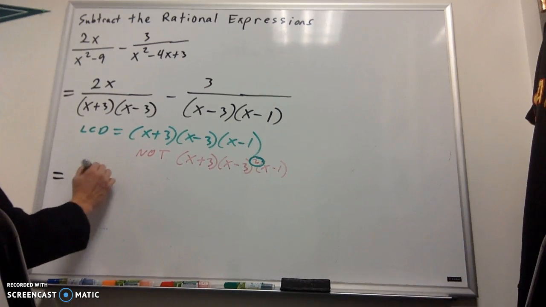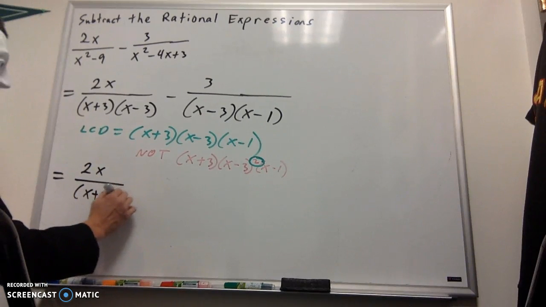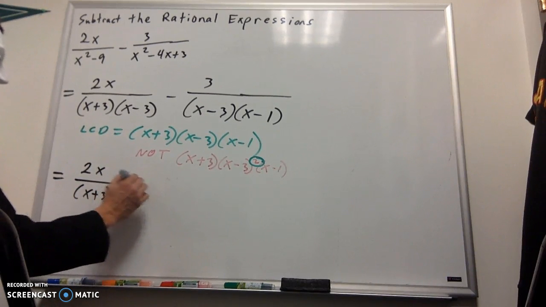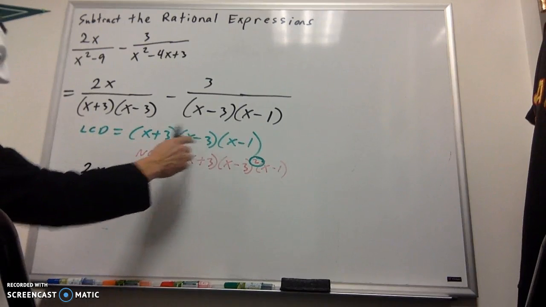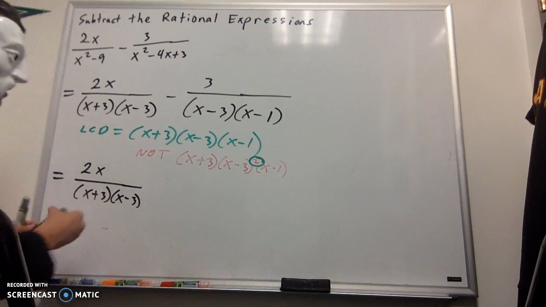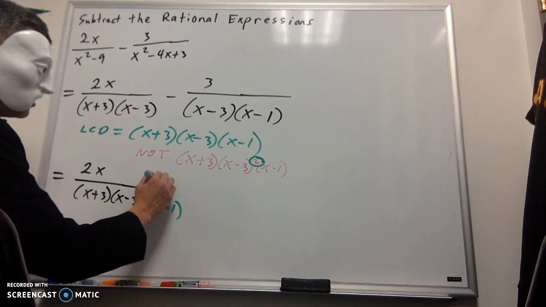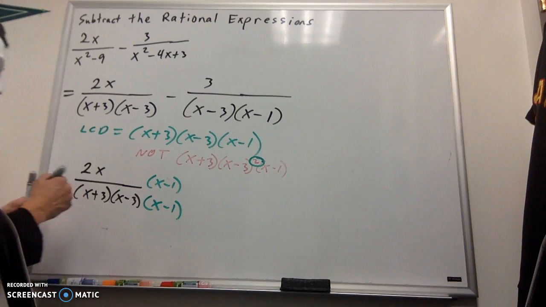So, let's take a look. 2x over the x plus 3 and x minus 3. What's missing? I've got the x plus 3, I've got the x minus 3. I'm missing the x minus 1, right? So let's multiply top and bottom of this guy, what you do to the top, you do to the bottom, by an x minus 1.